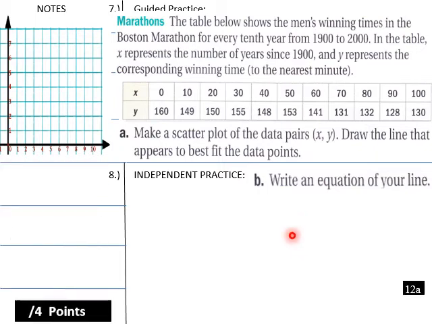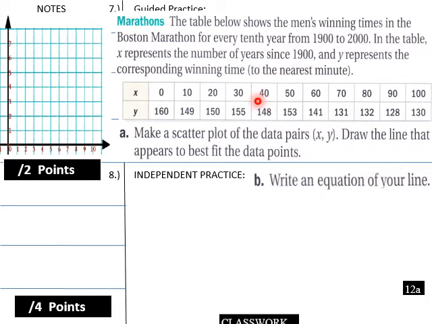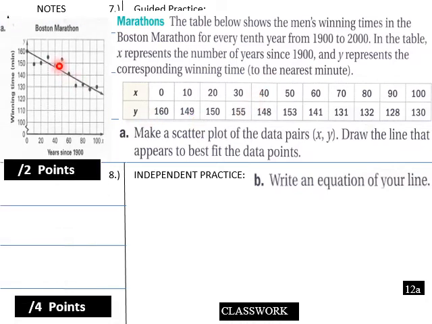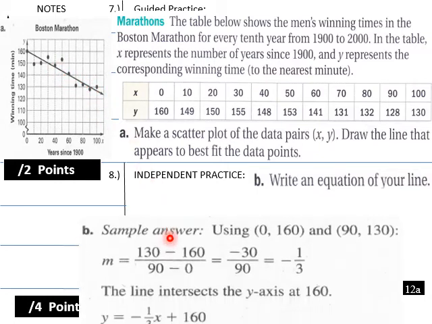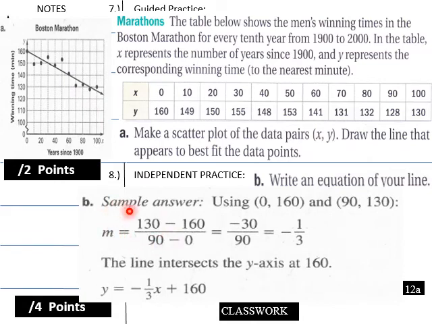The scatter plot for this data would look something like this. You see your times are falling. This would be a general trend line for the data. And then we are going to find the slope. We choose our y-intercept, and then we choose 90 and 130, so that would be here, and then 130 would be here.